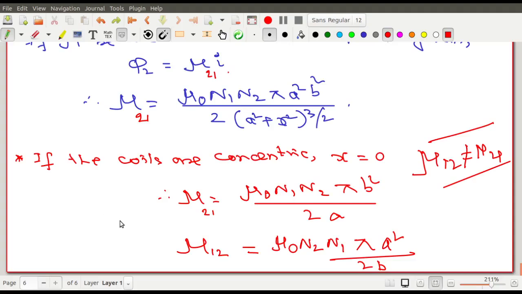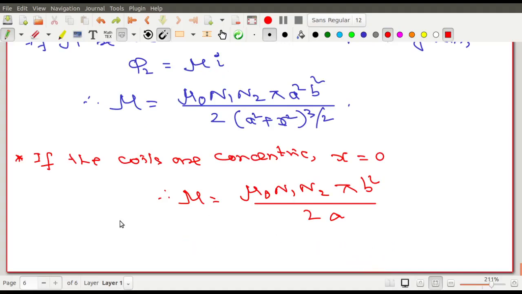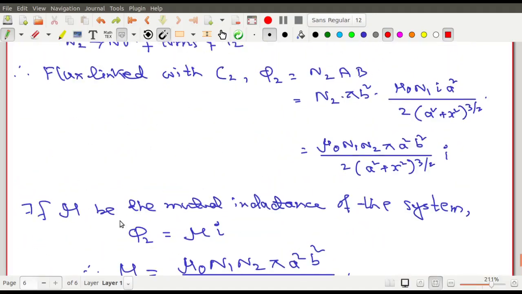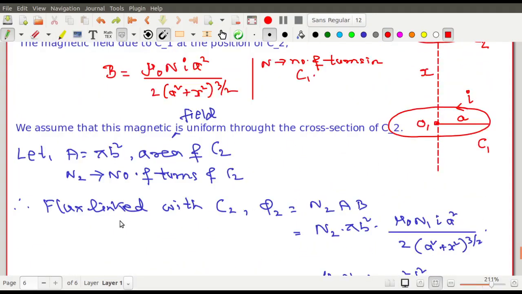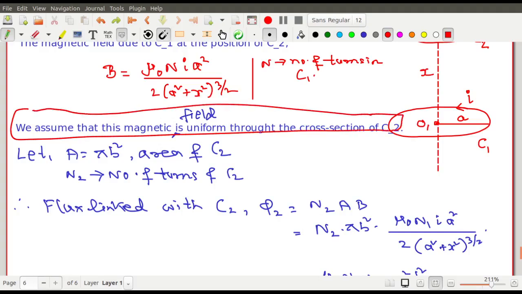The reason behind this is that we have assumed something which is not perfectly real. আমরা এমন কিছু একটা assume করেছি যেটা কিন্তু পুরোপুরি সত্য নয়. We have assumed something which is not absolutely true, and that is this line, এই লাইনটা. We assume that the field is uniform throughout the cross section of C2.